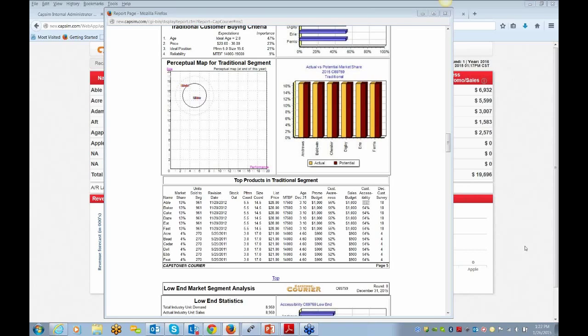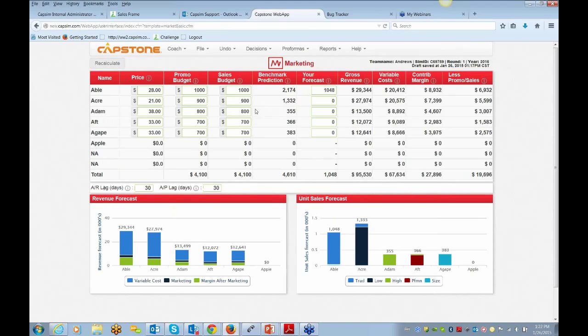The next question we have is, can we trust the marketing area's benchmark prediction? That's also a great question, and the answer is yes and no, depending on what you're using it for. This number should never be used for forecasting, and the reason is that it is calculated by comparing your product specifications to a very subpar product. So this number might be overinflated.